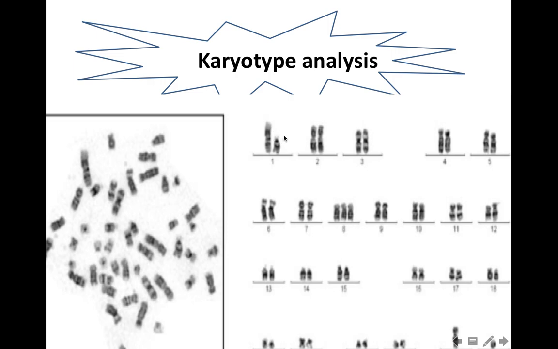So there is a break that happened here in the P arm, and the terminal part of the chromosome is lost. So this karyotype shows 2 abnormalities: a numerical abnormality, which is the trisomy 8, and a structural abnormality, which is the deletion of chromosome 1. Now, how can we describe this?